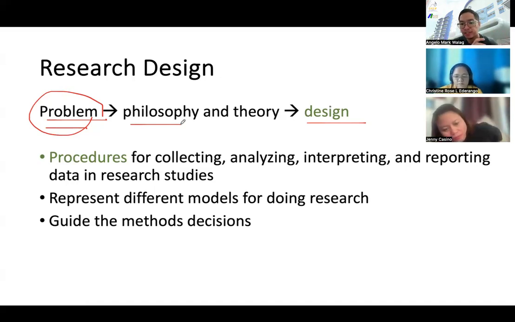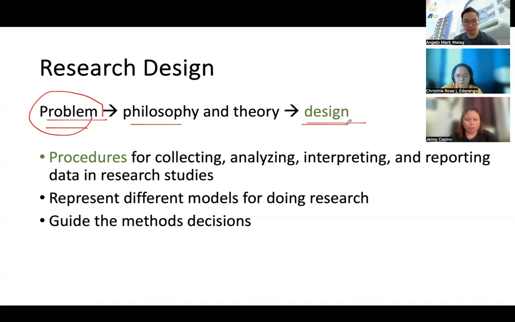And if it's a constructivist perspective, it will guide what kind of design you will be using. Often, if the problem requires a constructivist perspective, then the design would typically be qualitative. While if the study has a positivist empirical perspective, then the design would be more quantitative. Dynamic means it changes depending on the kind of problems and phases your research has.